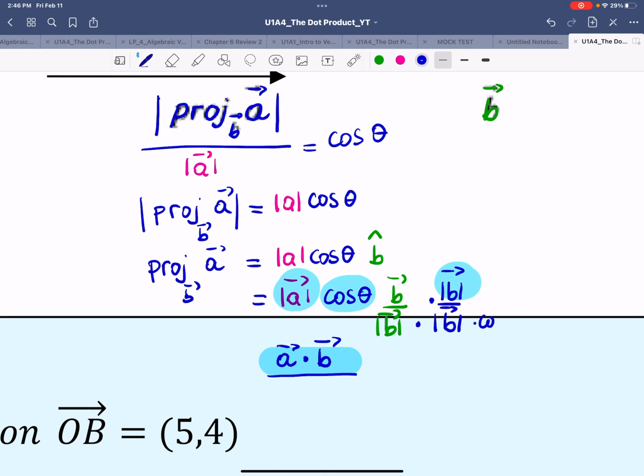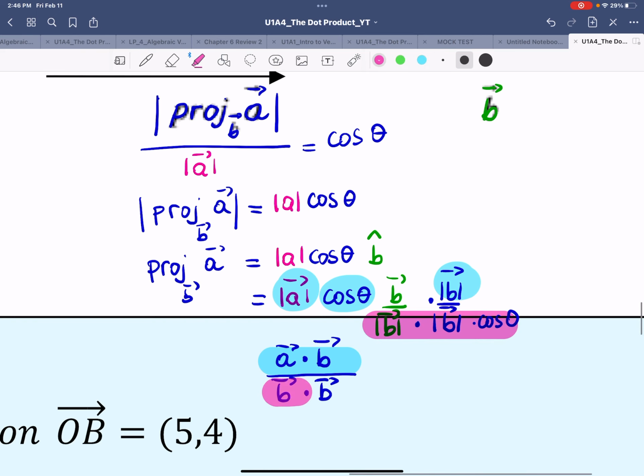So magnitude B, cosine 0, is the dot product of B with itself.